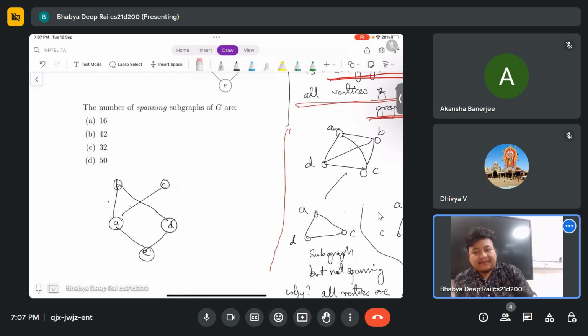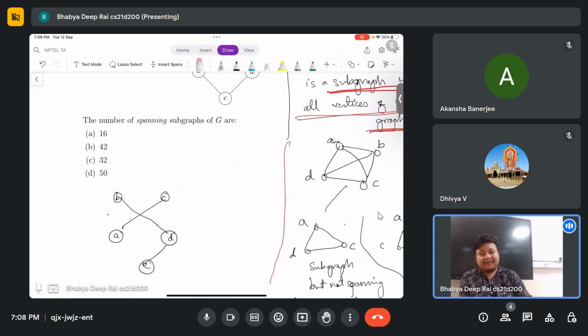So what is a subgraph? What is a spanning subgraph for this graph? Well, I can remove this edge and say, okay, this is a spanning subgraph because all the vertices are present. I can remove this edge and say that all the vertices are present, and the edges are also present in the original graph.